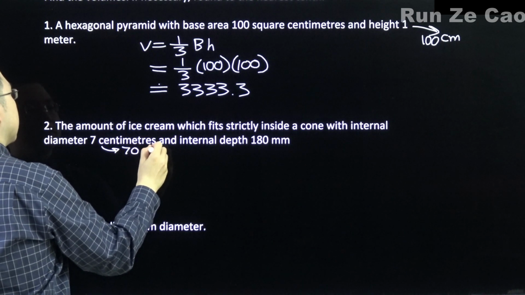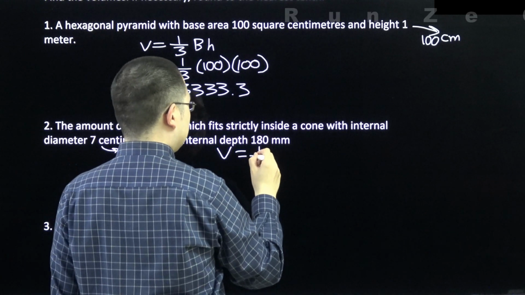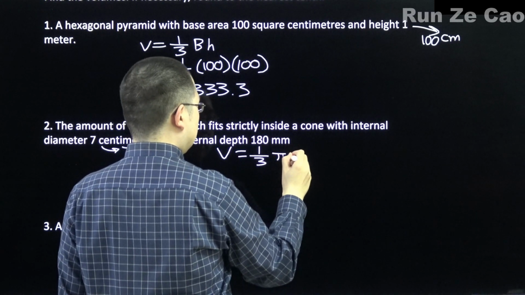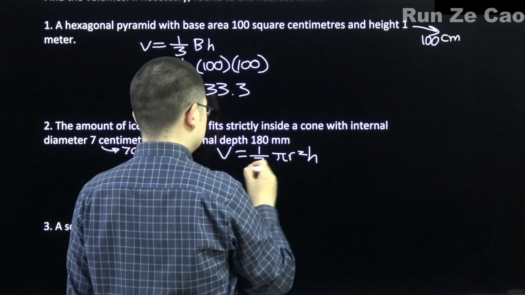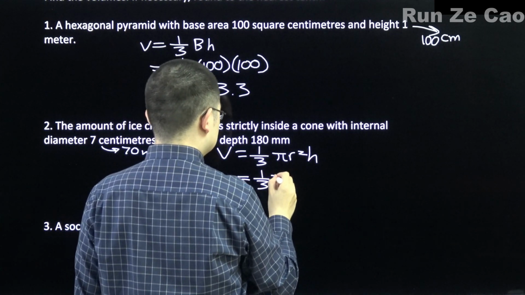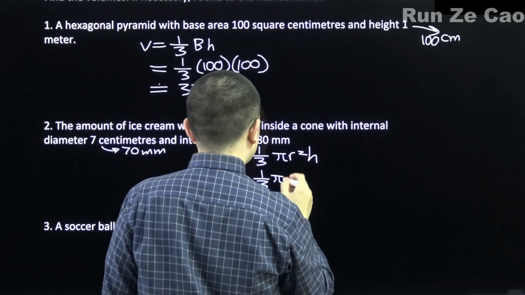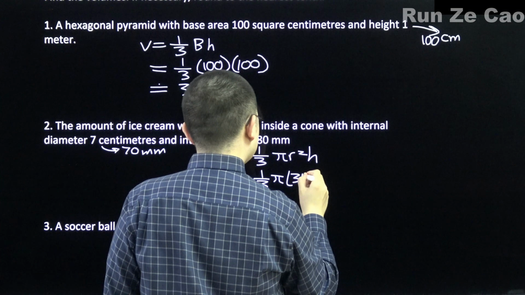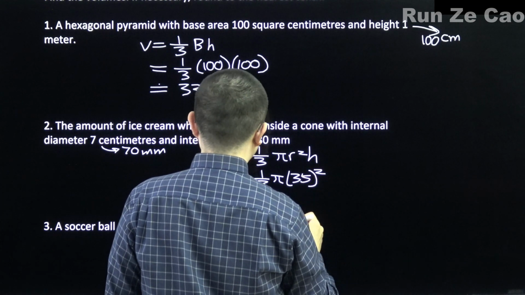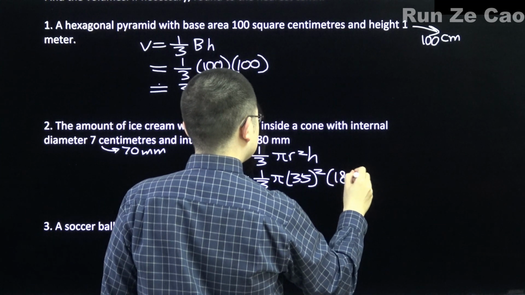This is 70 millimeters. So volume is equal to 1/3 pi r squared h. So 1/3 pi, and radius, well, half of 70 millimeters is going to be 35 millimeters, squared, times height, which is 180 millimeters.